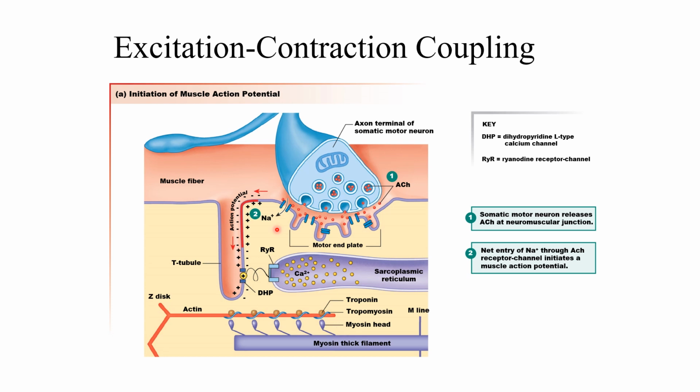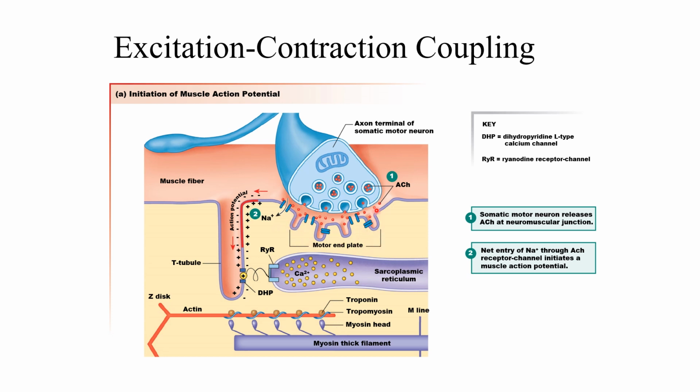Now, sodium ions are carrying a positive charge. So when all of these positively charged sodium ions flood the inside of your muscle cell, an electrical message is going to be triggered. We refer to it as the end plate potential. Now, why end plate potential?